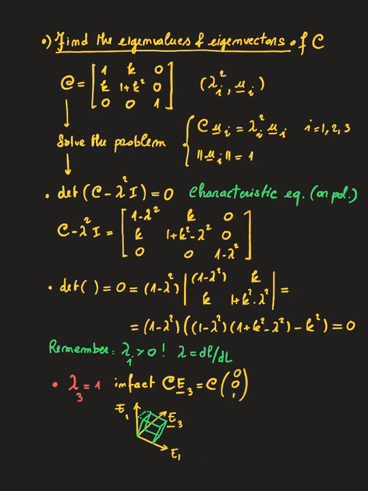When I do this, it is in fact equal to 1, because from this matrix here, when I apply it to 1, we obtain 1. So this means that a first couple of eigenvalue and eigenvector is lambda 3, E3.